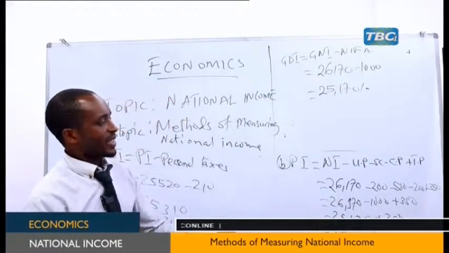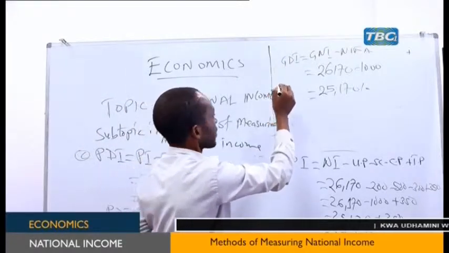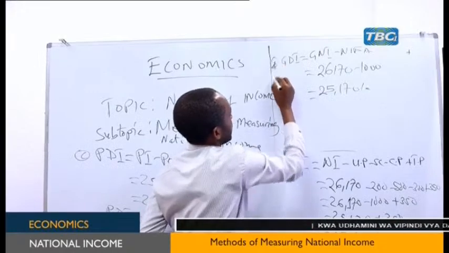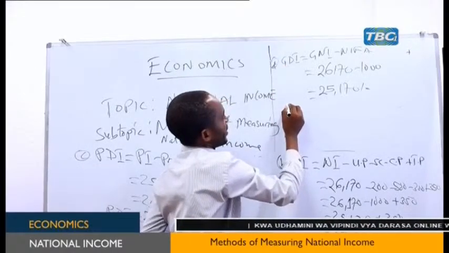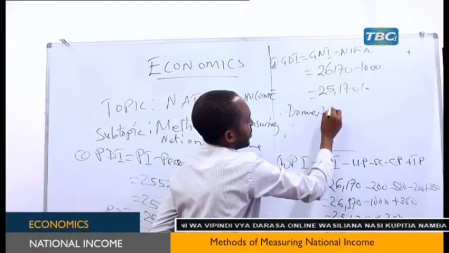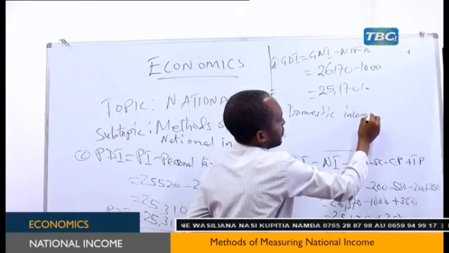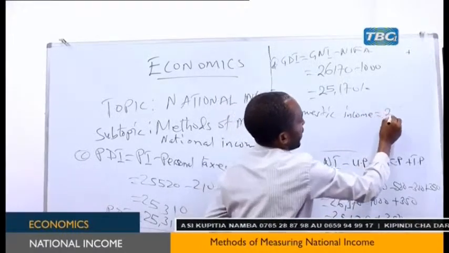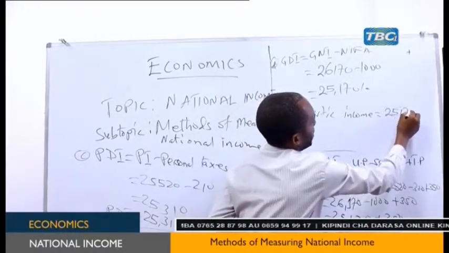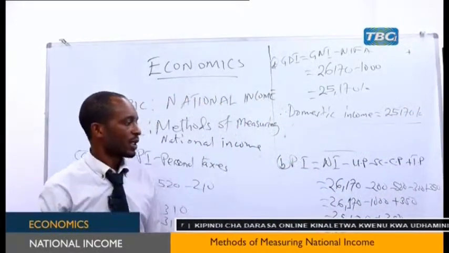So the domestic income, case D, and therefore the domestic income is equal to 25,170 shillings.